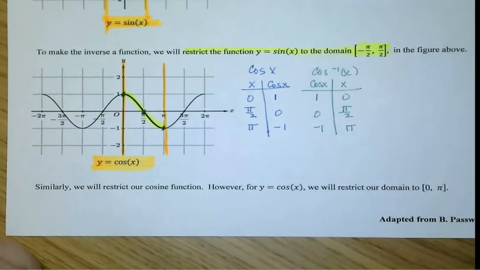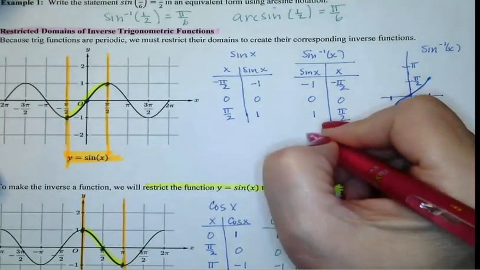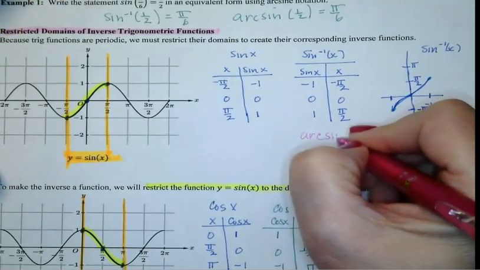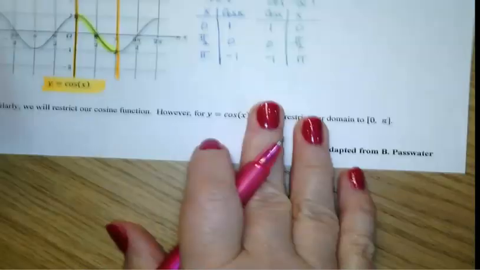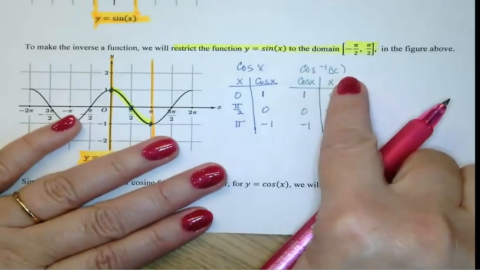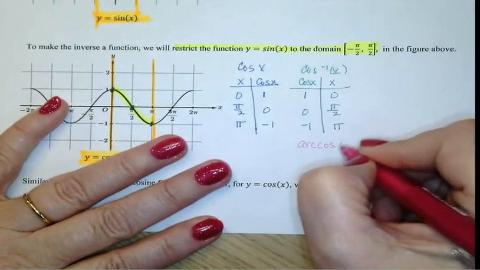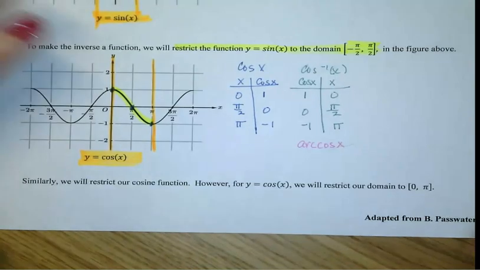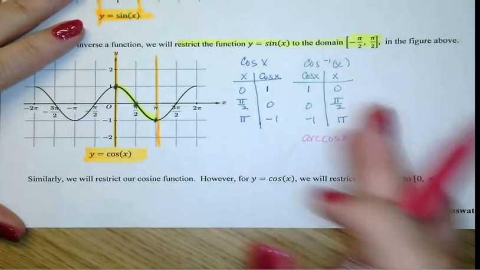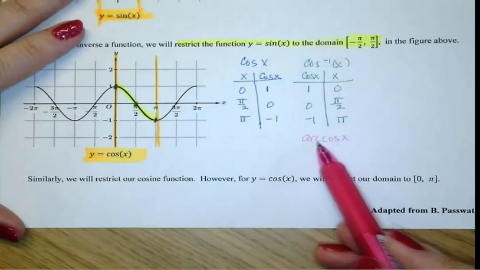So keep in mind, just like above, where we could say arc sine of x, we can also use this notation or say arc cosine. That one you do have to watch out for. Sometimes I mess that one up and I don't get enough C's in there because notice it's arc and then cosine.